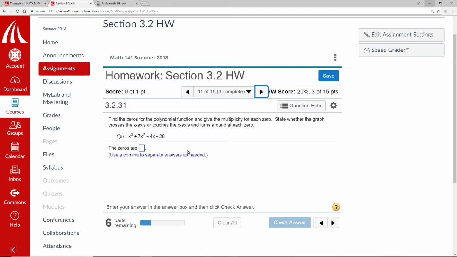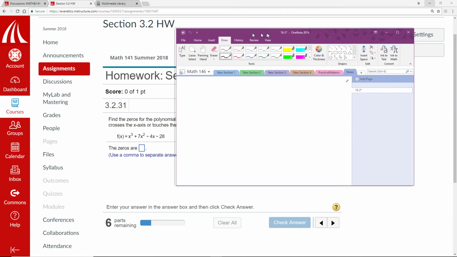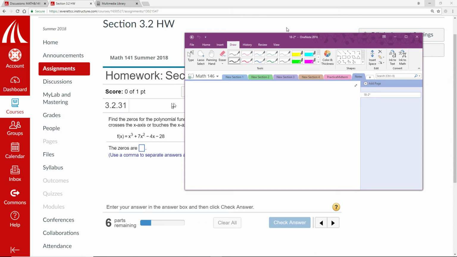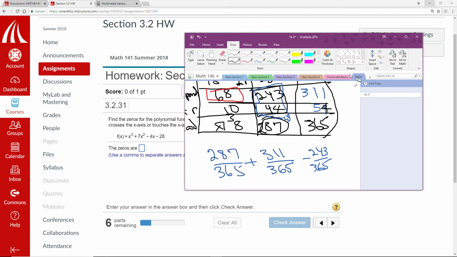Well, it all depends on if it's a multiplicity or not. What we could do is just factor this guy. Let's factor this. So my function is, I'm getting x cubed. Hold on.